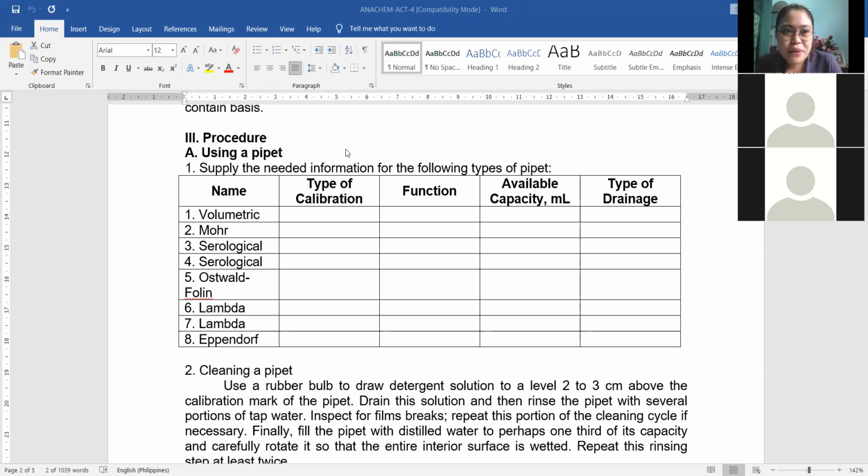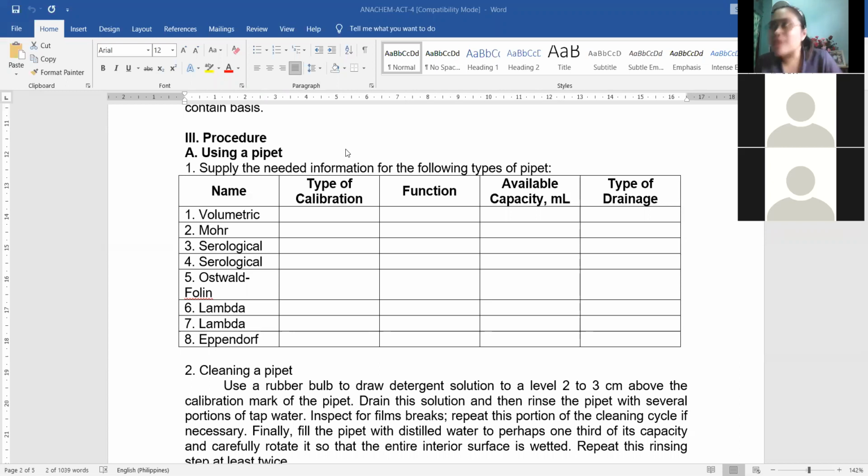Gaya ng sinabi ko kanina, kapag nalapas na siya, hindi mo siya pwedeng ibalik dito sa original container kasi mahimo na siyang contaminated. So you have to discard, and if mali ang nagawa mo, you have to discard everything.